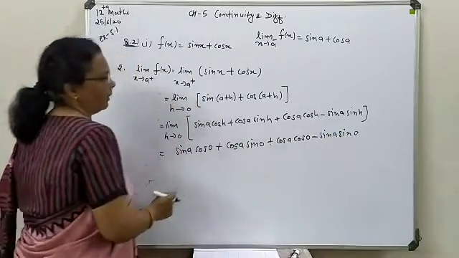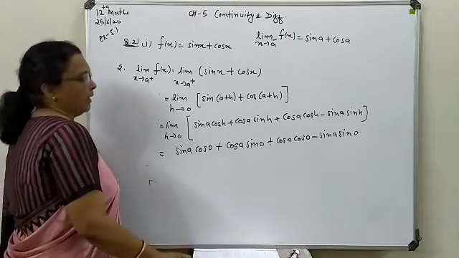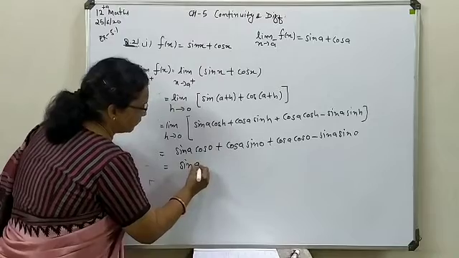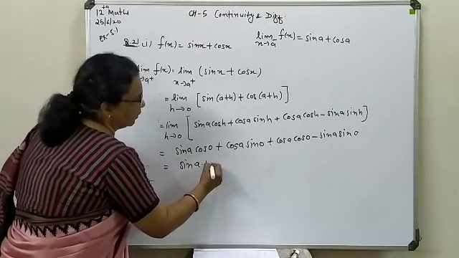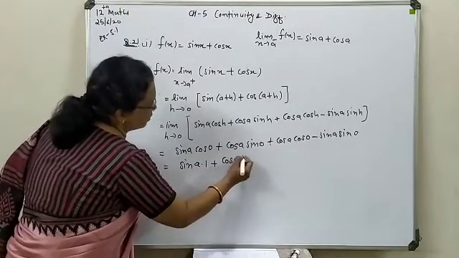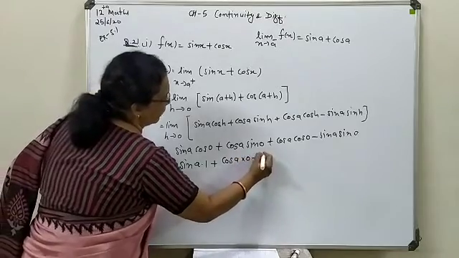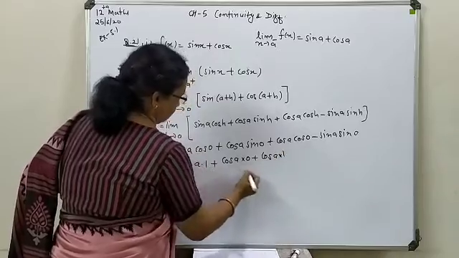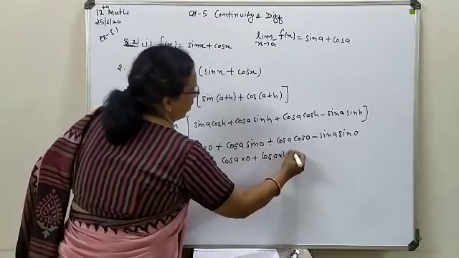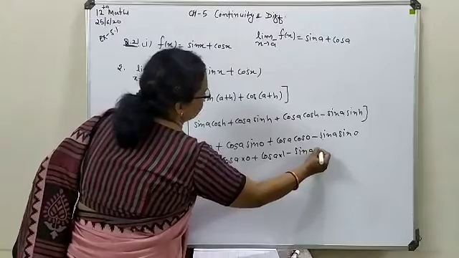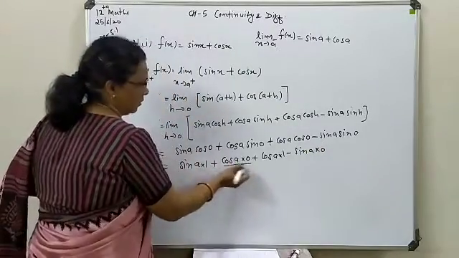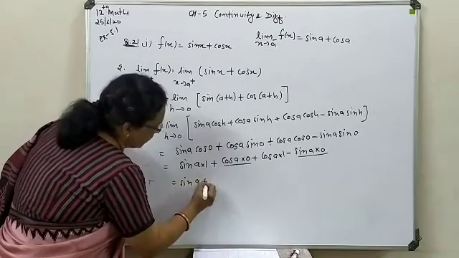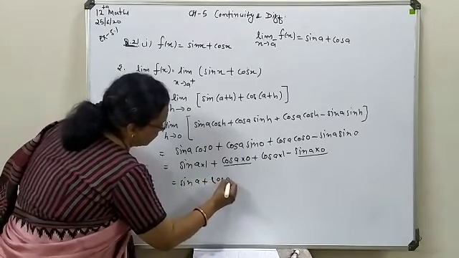You know everywhere the value of cos 0 will turn as 1 and sin 0 will turn as 0. So this will give you sin a into 1 plus cos a into 0 plus cos a into 1 minus sin a into 0. These two terms are going to be 0 over here, so you are left with sin a plus cos a.